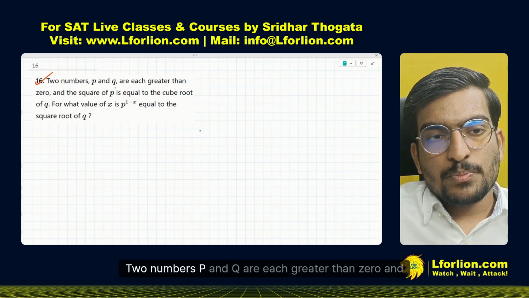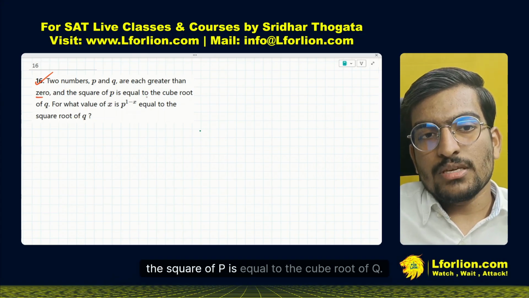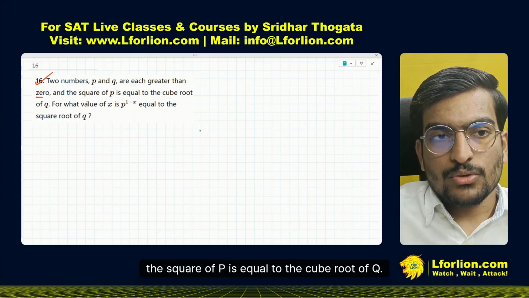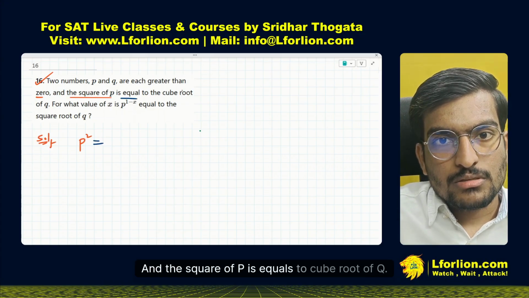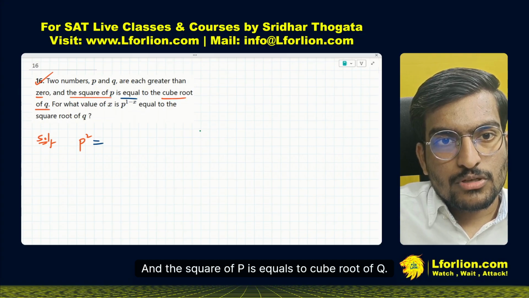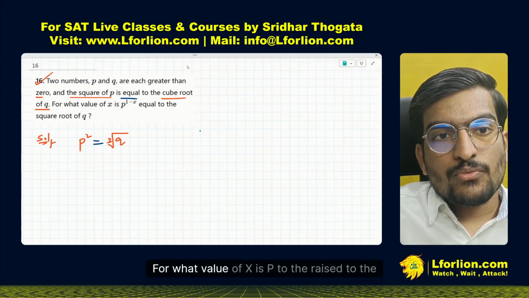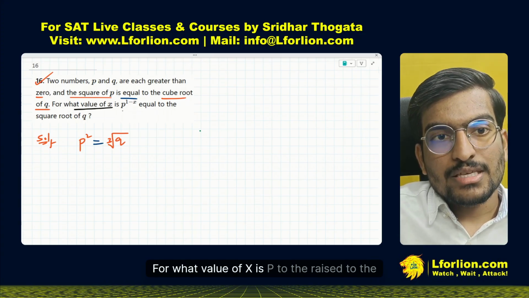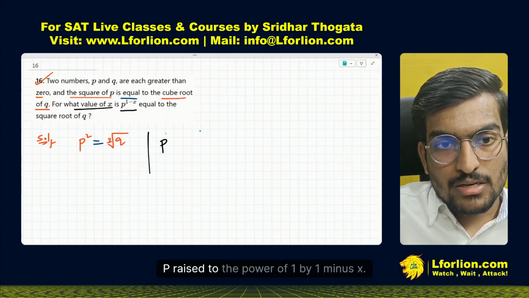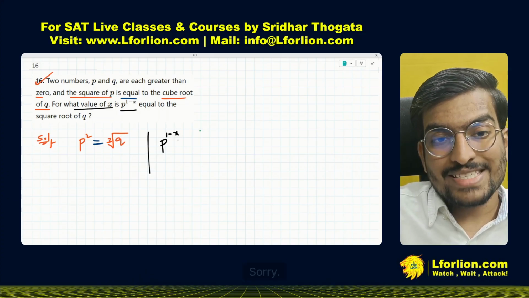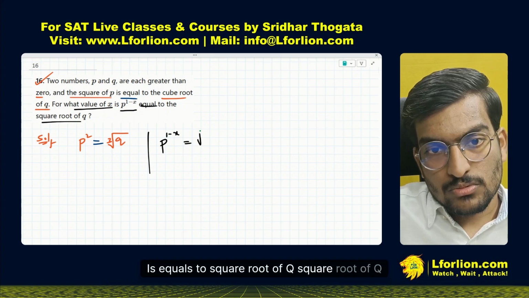Question number 16. Two numbers p and q are each greater than 0, and the square of p is equal to the cube root of q. For what value of x is p raised to the power of 1 by 1 minus x equal to the square root of q?